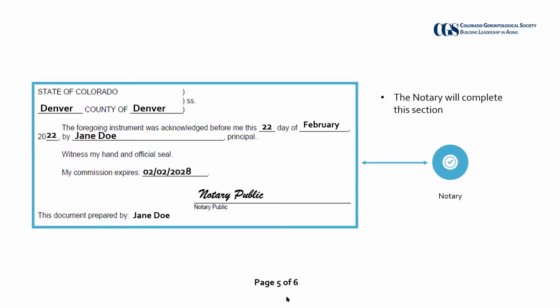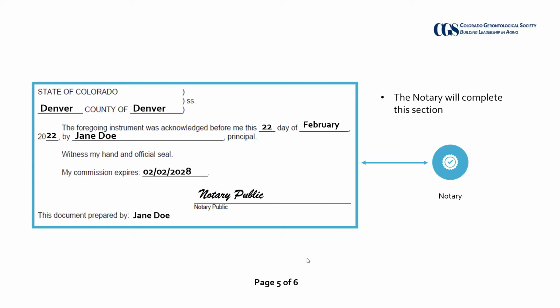What we're talking about today is a financial power of attorney. There are durable power of attorneys and there are statutory power of attorneys. The one that we're covering today is a financial power of attorney. If you have additional questions about durable or statutory power of attorneys, I would recommend that you seek legal guidance if you have questions of which one would be best for you or how you're attempting to use that on yourself.